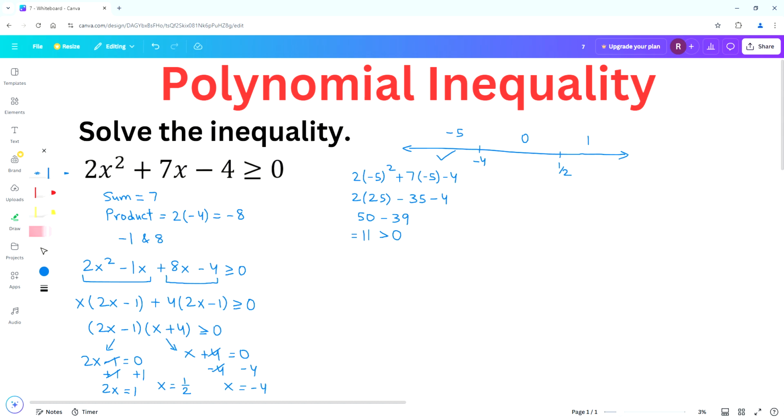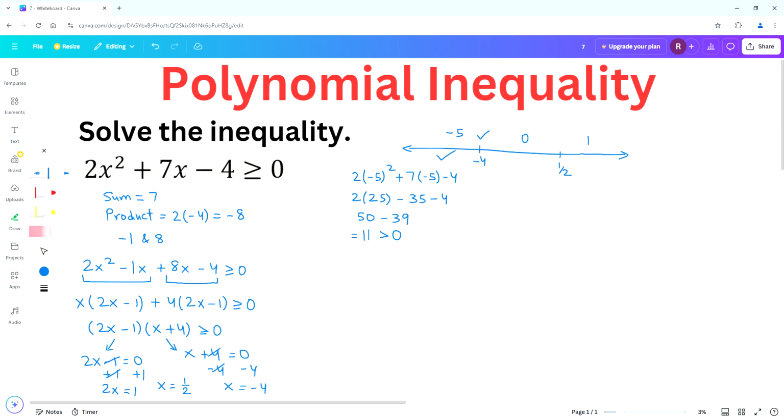At x equals negative 4, the inequality is satisfied because at x equals negative 4, the quadratic expression is equal to 0. Negative 4 is an x-intercept of the quadratic expression 2x squared plus 7x minus 4. So negative 4 should be part of the solution.